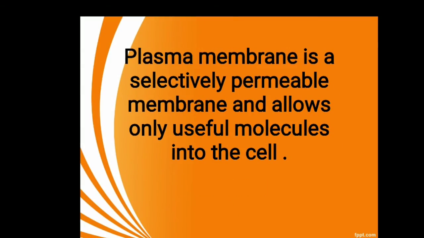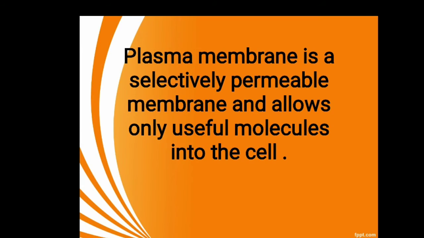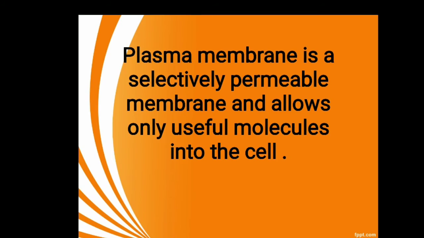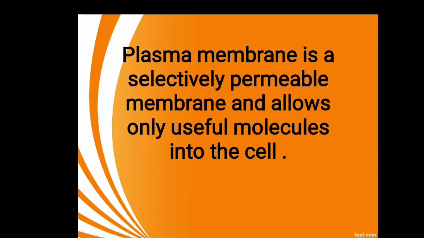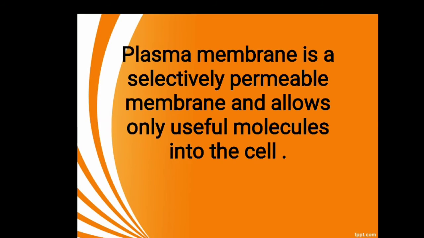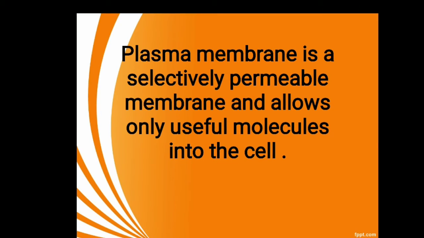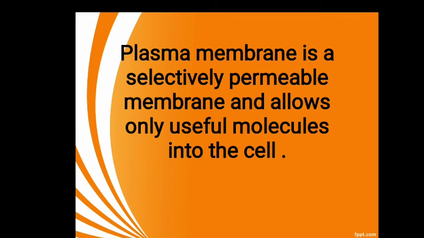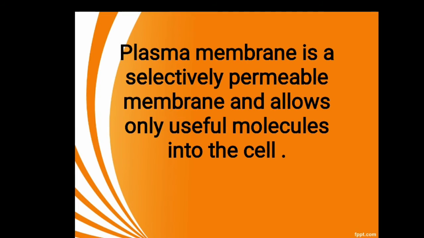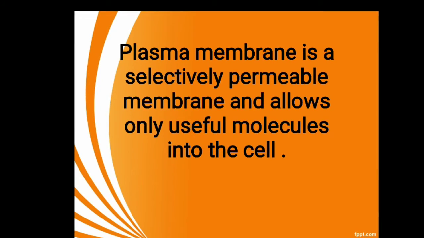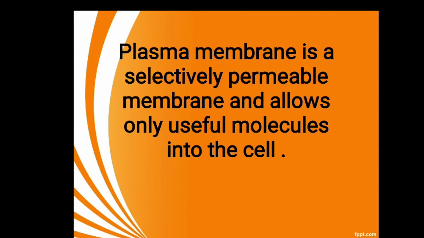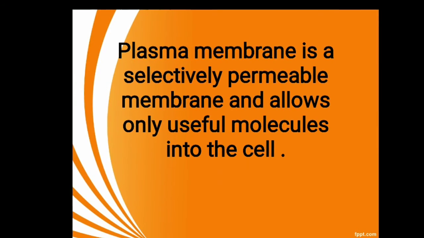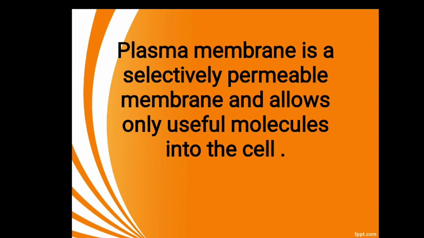By this you can understand that the plasma membrane present around the cells is a selectively permeable membrane. So what is selectively permeable? It allows only certain molecules, useful molecules, to enter into the cell. So that is called selectively permeable. Selectivity. It selects only certain molecules to enter into the cell.